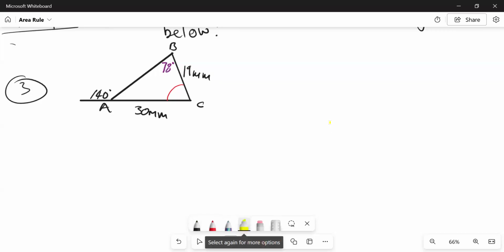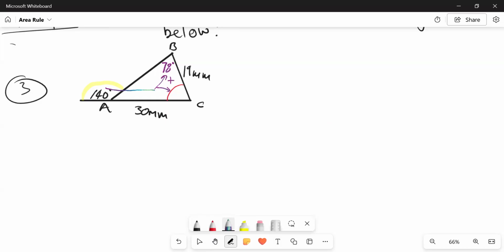Again, we can use the exterior angle. The exterior angle is equal to the sum of the interior opposite angles.